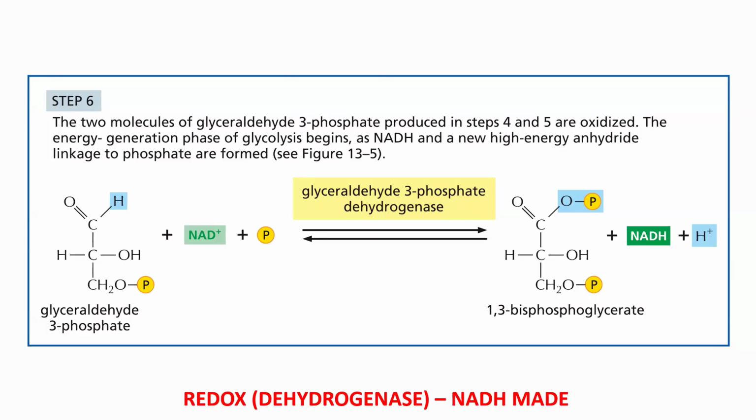We're going to reduce that NAD+, and there's so much energy in GAP that when we break that bond and steal that energy, we have enough energy to activate NADH through reduction, and still enough energy left over to take a phosphate, a free phosphate, and add it to the oxygen that you see there in blue.